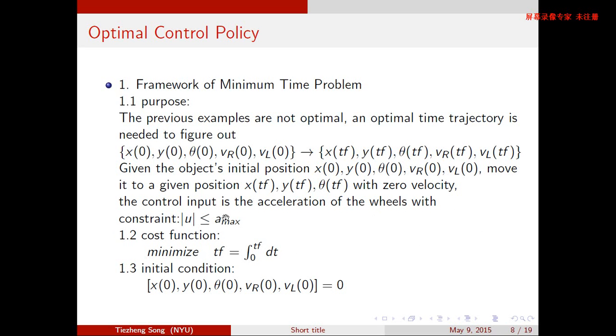These inequalities give the constraints of the input. Since what I'm doing is to minimize the total time for the motion, the cost function can be written in this way. I also assume that all the states start from 0.